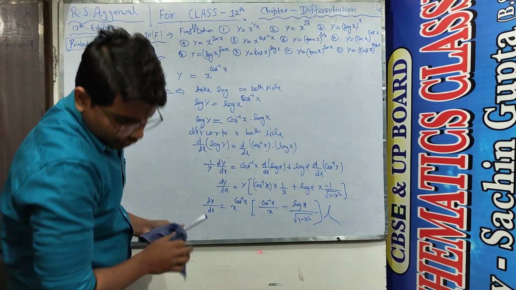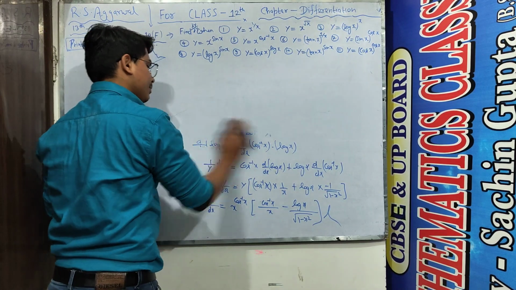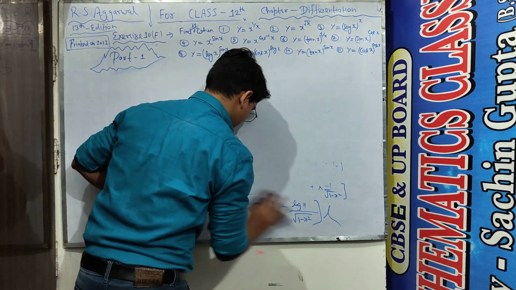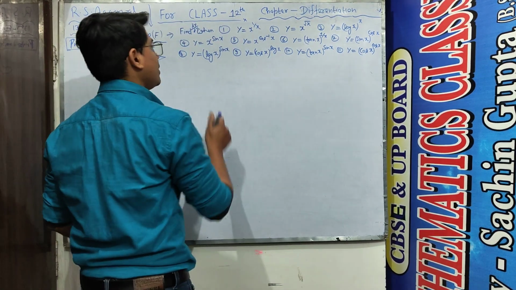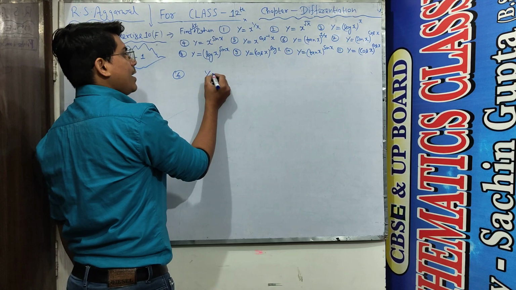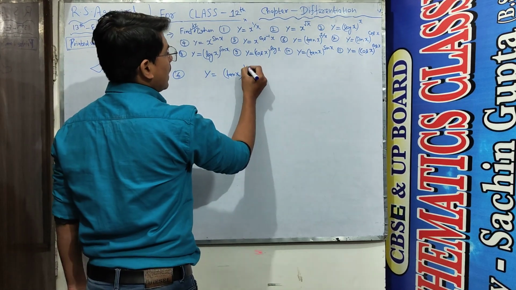Now we go to question number 6. Question number 6 is y equal to tan x whole to the power 1 by x.